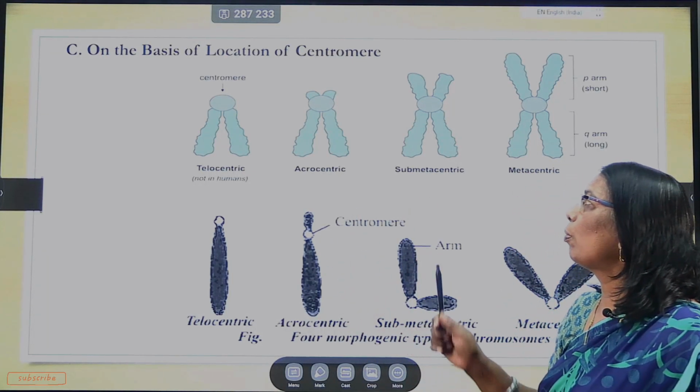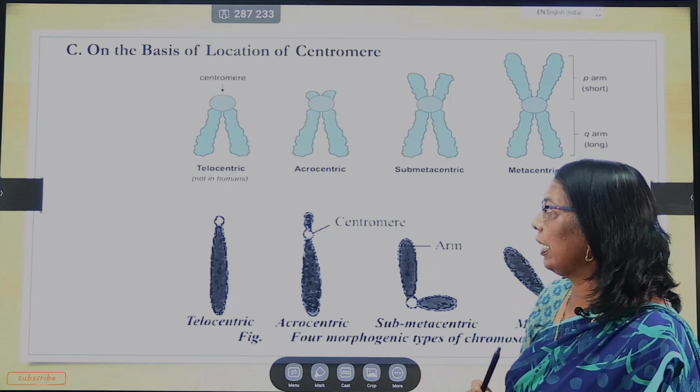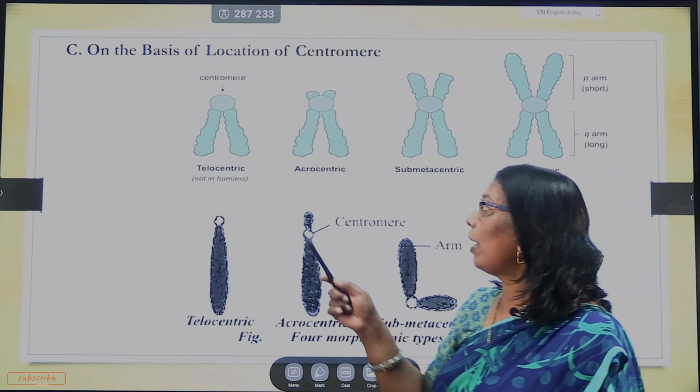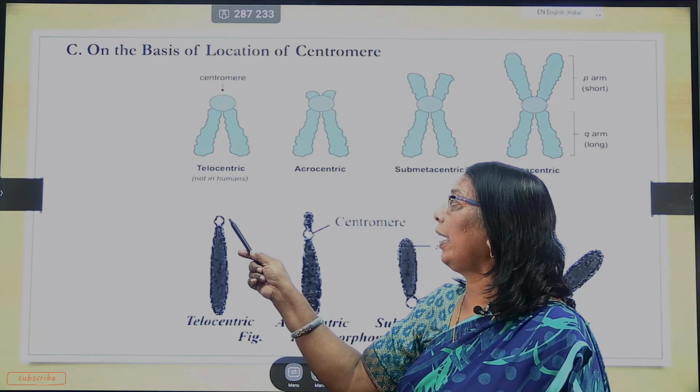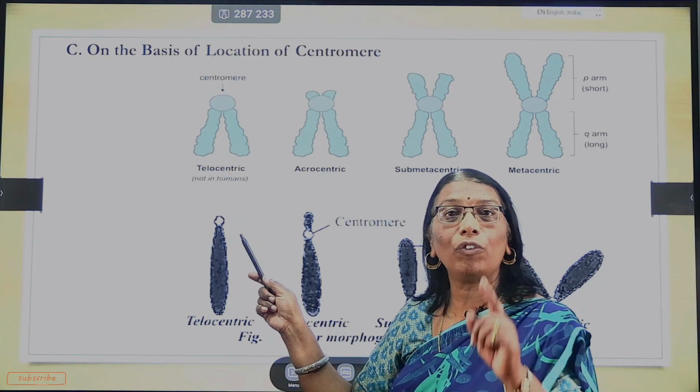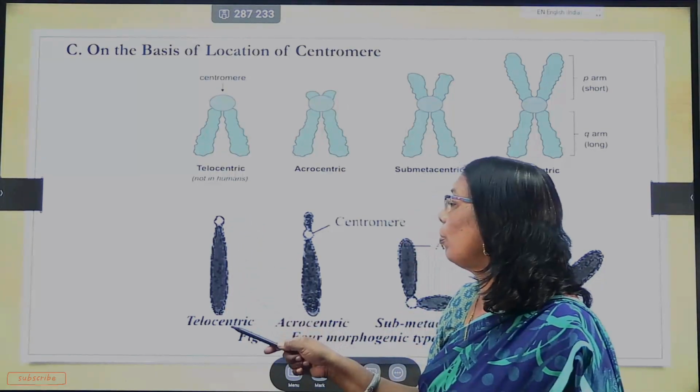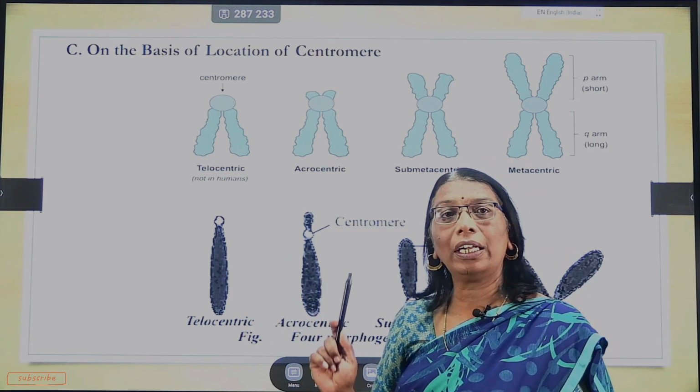And that type of chromosome is termed as acrocentric. While when the centromere is towards the end and the chromosome has only one arm, then that chromosome is termed as a telocentric chromosome.